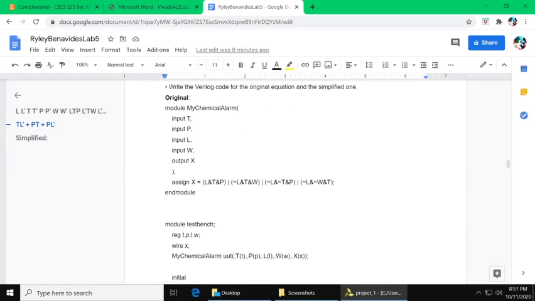So for my original Verilog code, I defined all my inputs and my output, and assigned my output the original equation that I set up there.